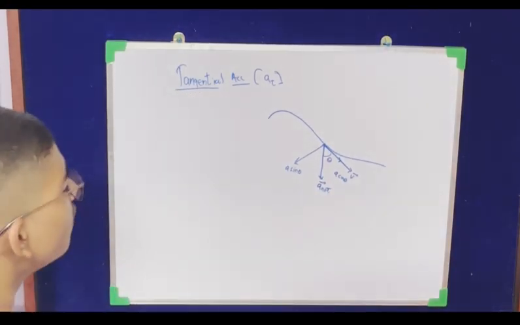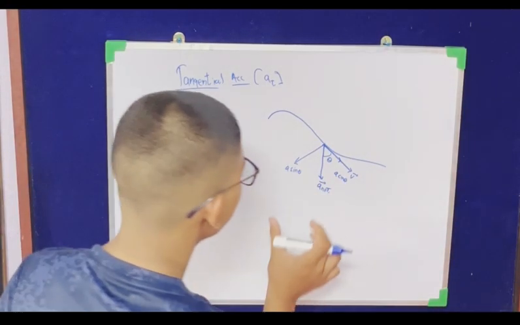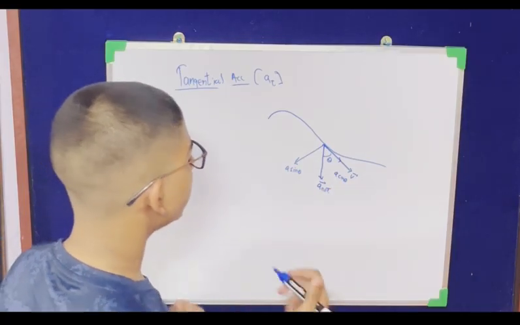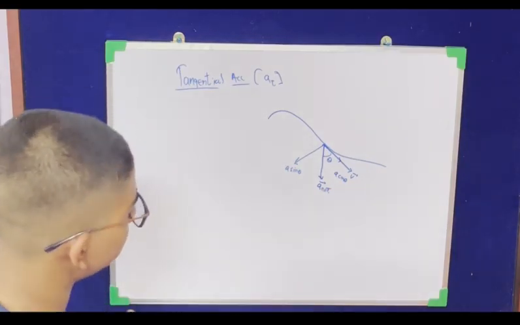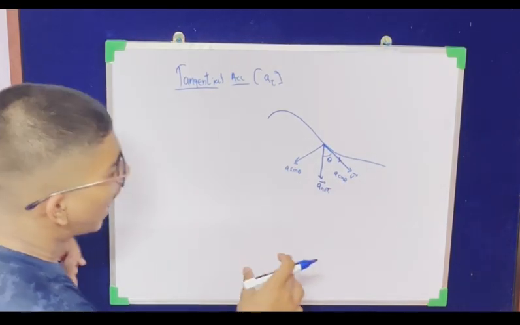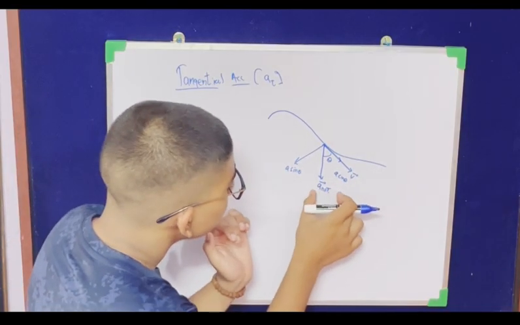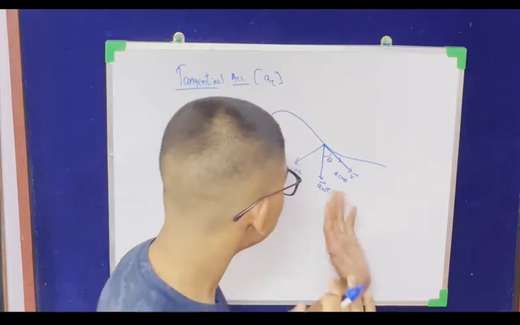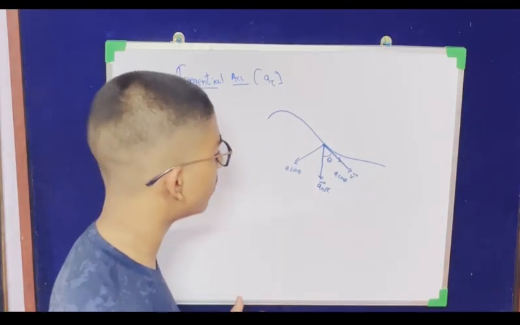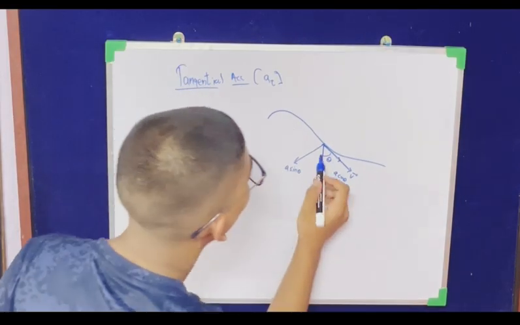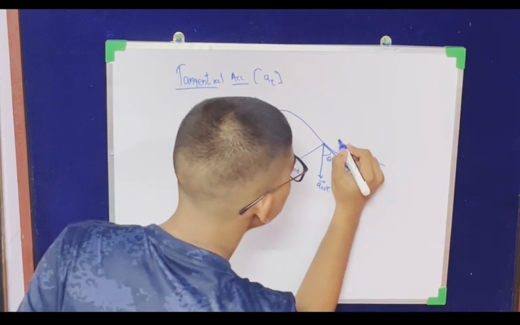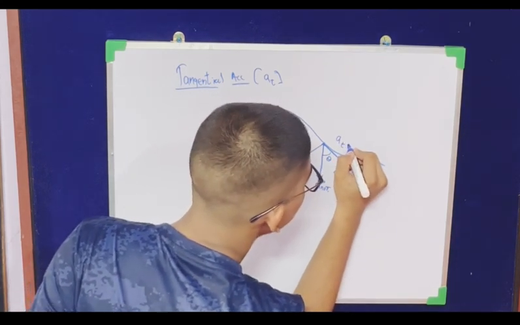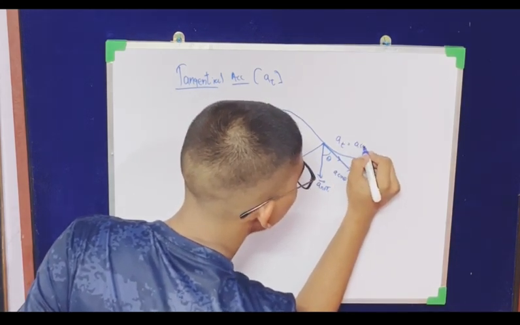So this acceleration is broken into two components. We can see that a cos theta is parallel to the velocity and has the same direction as the velocity, and it is a tangent at this point. So we name this tangential acceleration, which is equal to a cos theta.